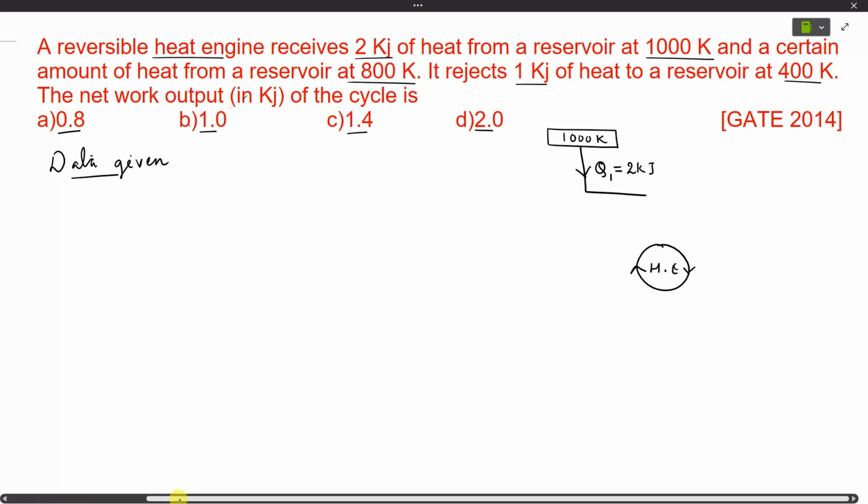And again it is mentioned in this question that the heat engine receives a certain amount of heat from another reservoir having temperature 800 Kelvin. Let's say that certain amount of heat energy, that is Q2, is received by the heat engine from the reservoir having temperature 800 Kelvin.